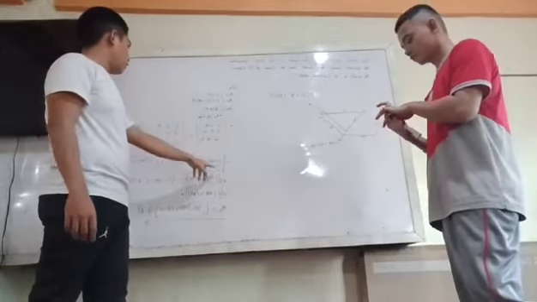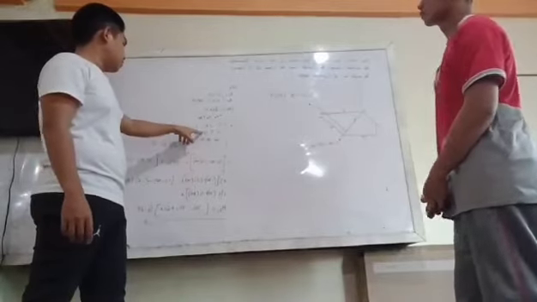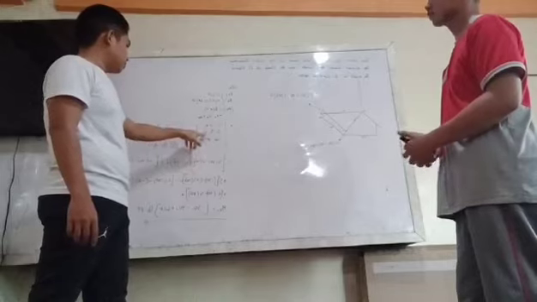So which is 5 times 20 minus 0 times 40.